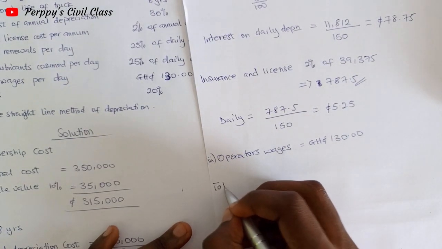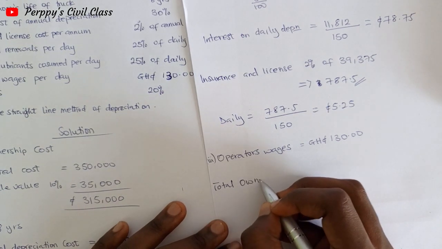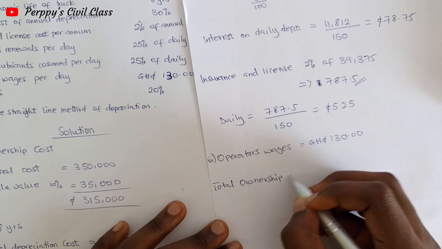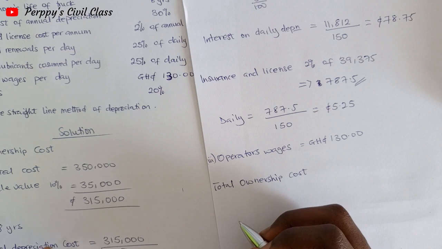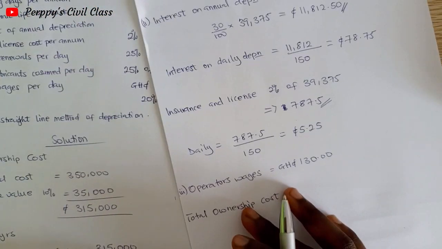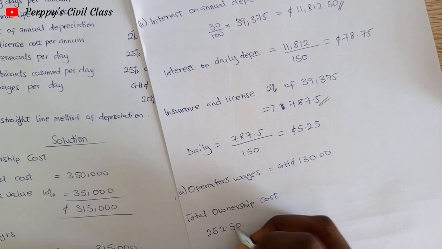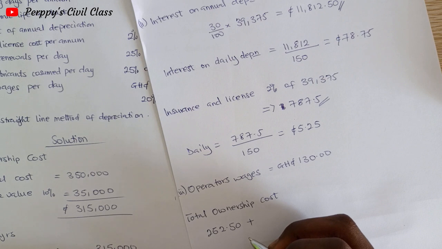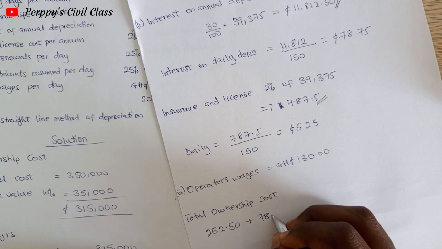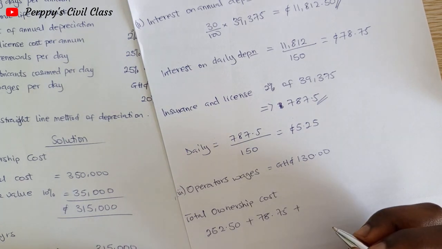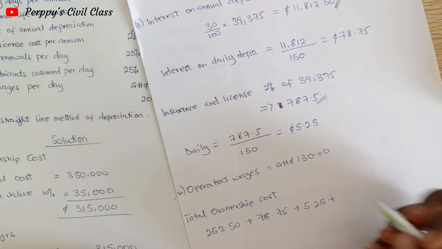The total ownership cost is equal to 262.50 plus 78.75 plus 5.25 plus 130 Ghana cedis.